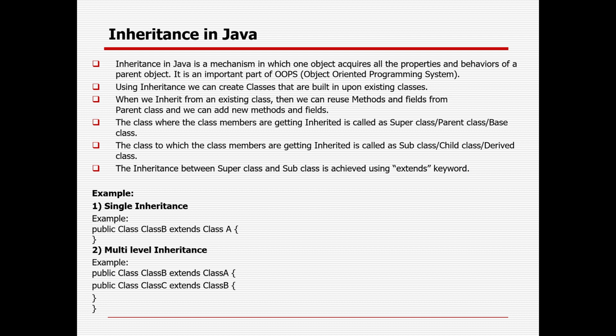Inheritance in Java is a mechanism in which one object acquires all the properties and behavior of a parent object. It is an important part of OOPS. Using inheritance, a user can create classes that are built upon existing classes.